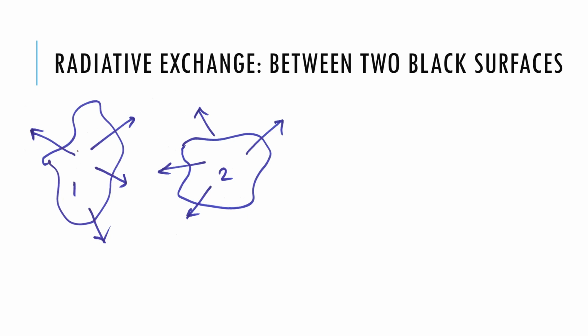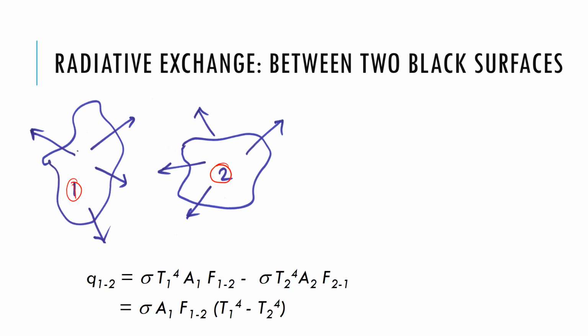We want to derive a formula for the net amount reaching from surface 1 to surface 2. This formula is given by Q1 to 2, the net amount of radiative heat going from 1 to 2, is equal to this quantity.